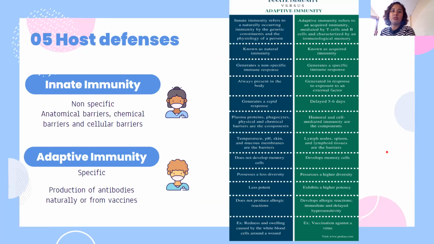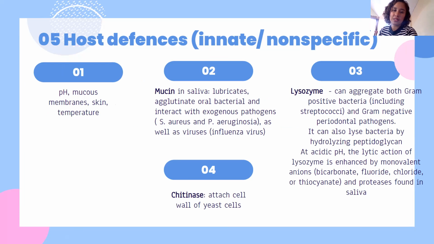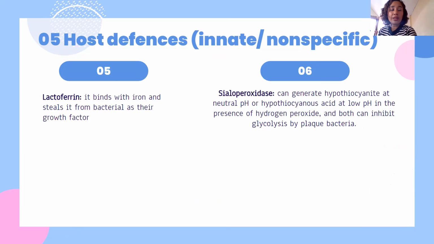And meron pa. Chitinase destroys the cell wall of yeast cells. Lactoferrin, it steals the iron from your bacteria. Ang bacteria, guys, gumagamit ng iron for their growth. So, lactoferrin could steal, nakawin yung iron para hindi na mag-grow yung bacteria. We have sialoperoxidase.